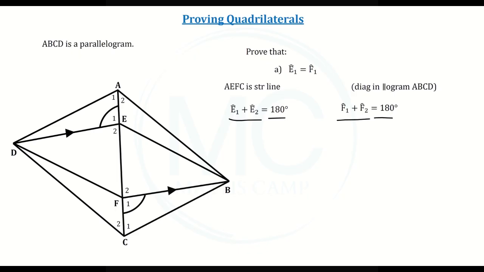Both equations are equal to 180 degrees, which means that angle E1 plus angle E2 must be equal to angle F1 plus angle F2. Now, in order to prove that angle E1 is equal to angle F1, we need to prove that angle E2 over here is equal to angle F2. So we can cancel these values out of our equation.